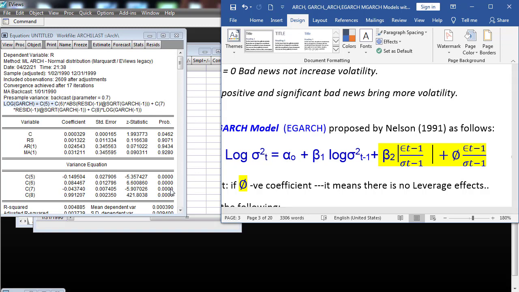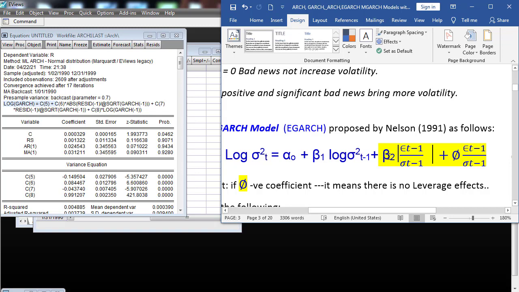So what does it mean now? We replace it in the equation, or in the model we used. So here we have now this part here, log sigma lag 1 square, which represents the GARCH term.